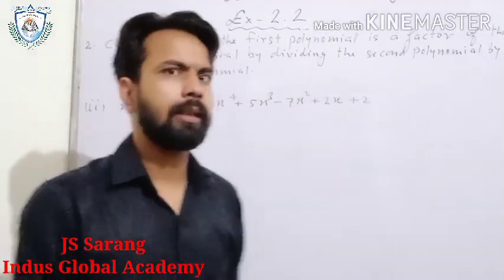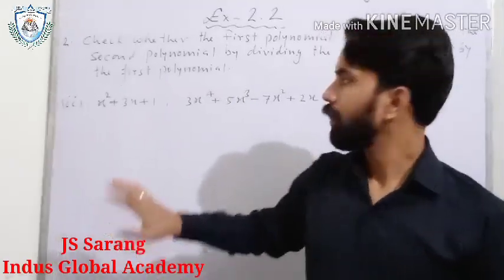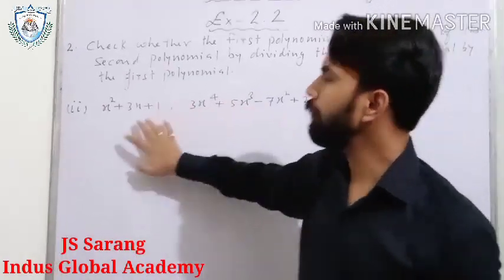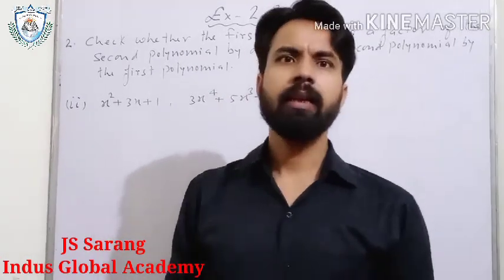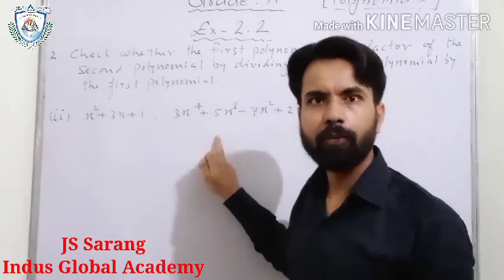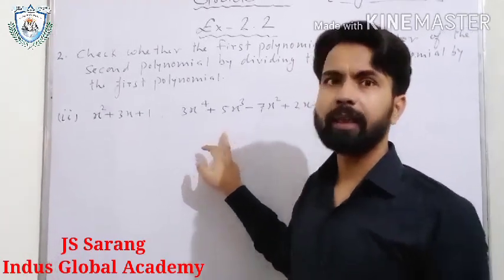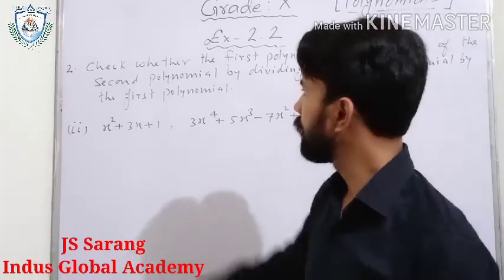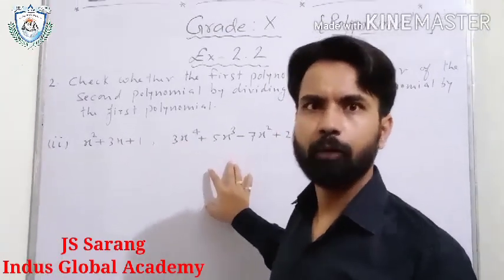As we all know, on dividing the second polynomial by the first polynomial, if the remainder is 0, then we can say that the first polynomial is a factor of the second polynomial. Understood? Or if the remainder is not equal to 0, that means the first polynomial is not a factor of the second polynomial.